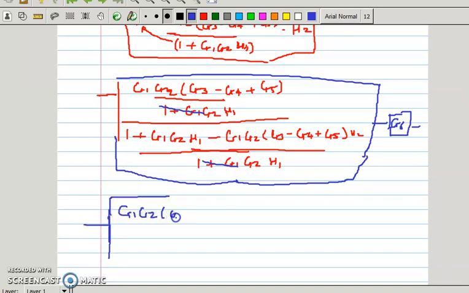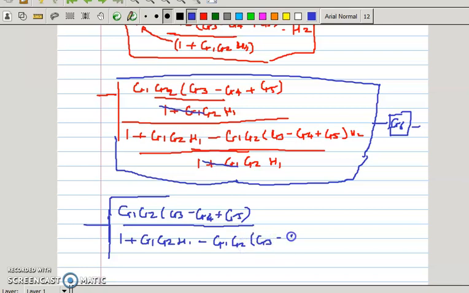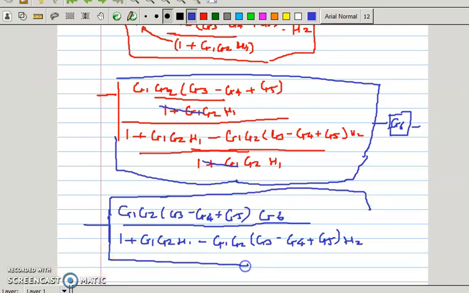G1 G2 G3 minus G4 plus G5 whole divided by 1 plus G1 G2 H1 minus G1 G2 in bracket G3 minus G4 plus G5 H2, right. And again see, G6 is in series, so it becomes multiplication, so we just multiply G6 here. This is your single block after reduction of all the blocks, and this is your final term as we get.